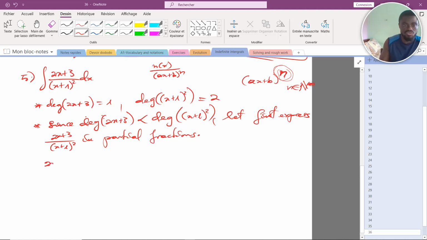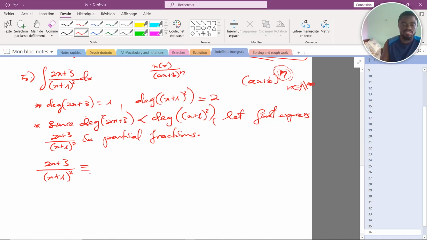We see that (2x + 3) all over (x + 1) squared, the bottom is a linear factor, a repeated linear factor.